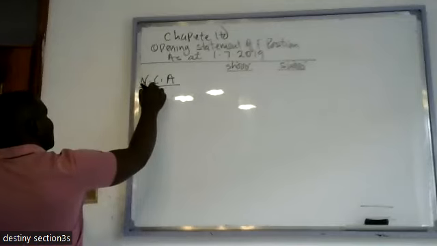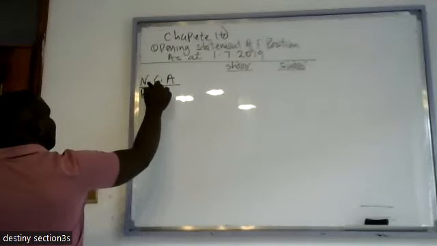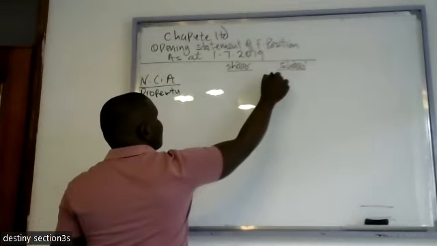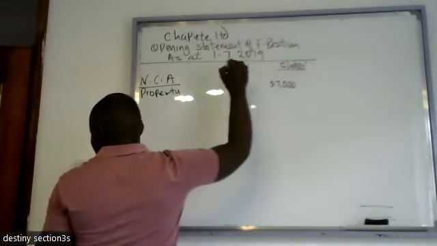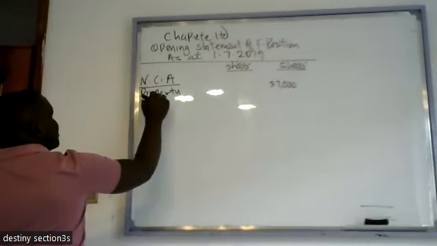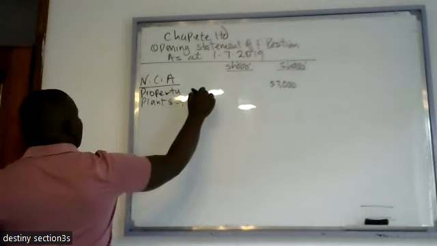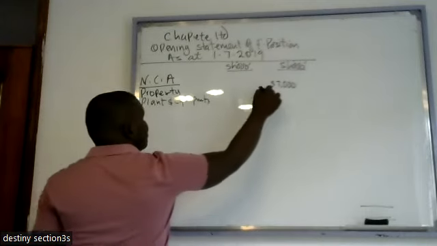So property was taken over at 57. Plant and equipment, 16.